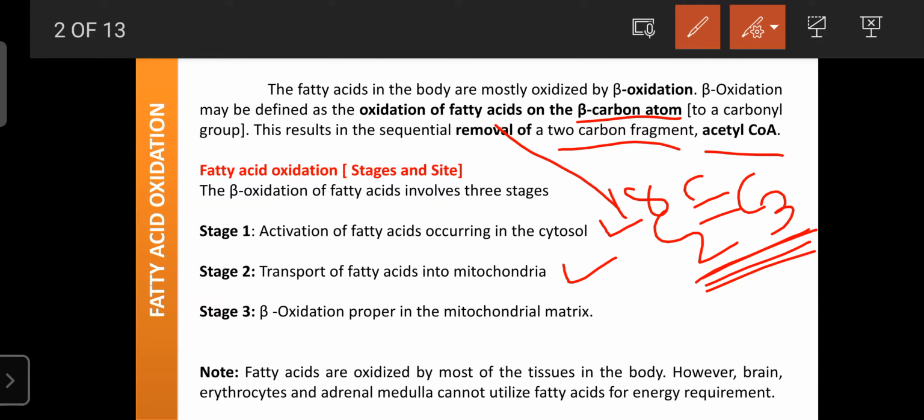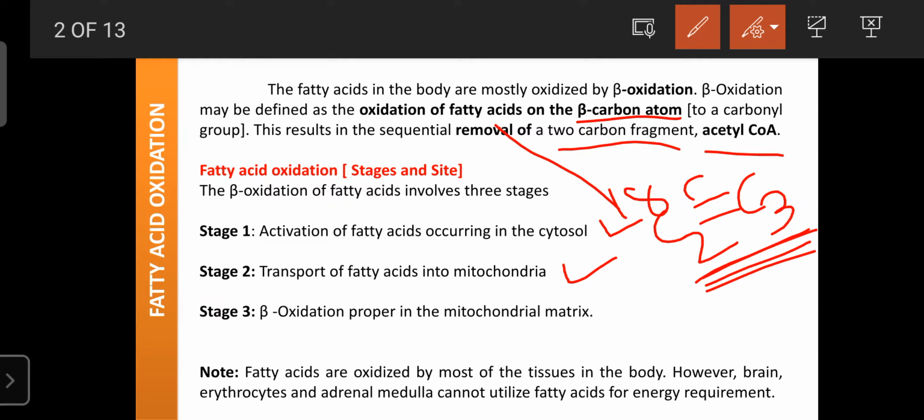With the help of a carrier protein, carnitine, the fatty acids are transported into the mitochondria. This stage is also known as the carnitine shuttle.